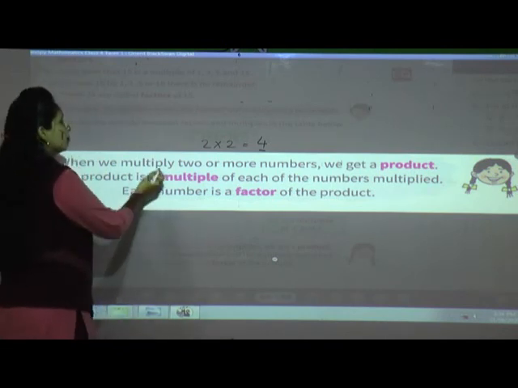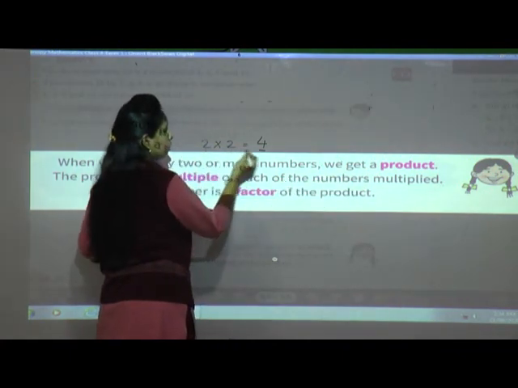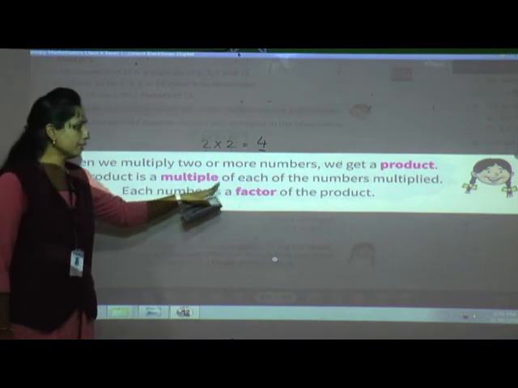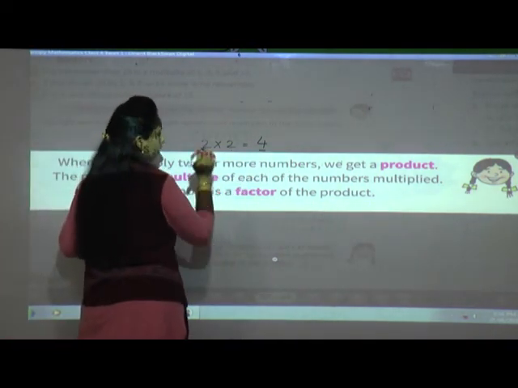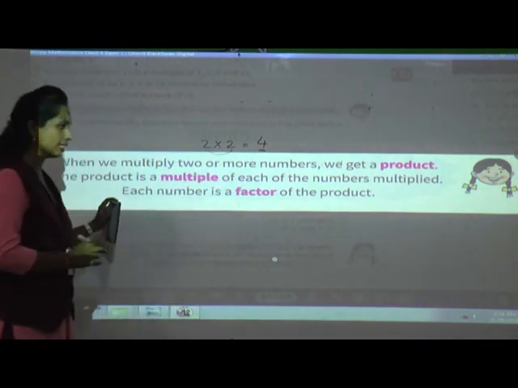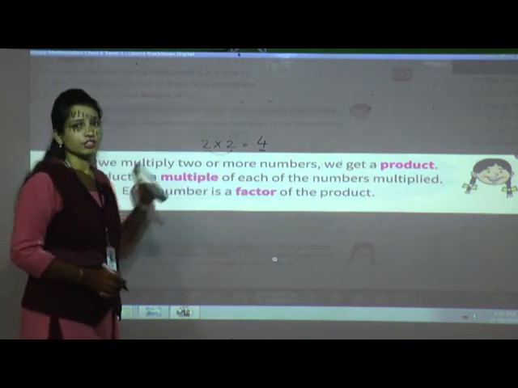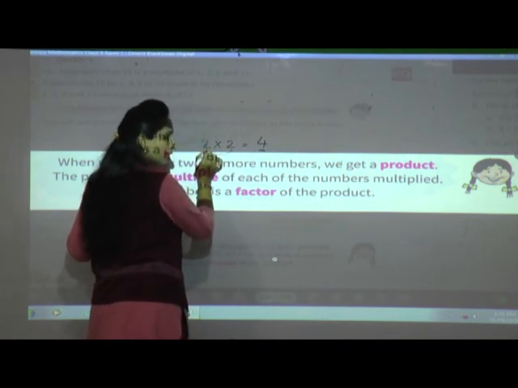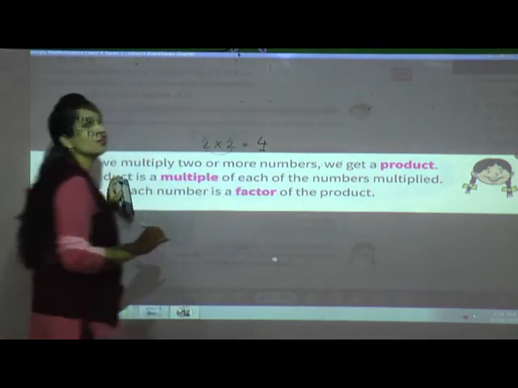For example, 2 multiplied by 2 is 4. And the product is a multiple of each of the numbers multiplied. How did we get this product? When we multiplied both the numbers. And so each number is a factor of the product. We multiplied with both the numbers, so both the numbers are factors of 4.